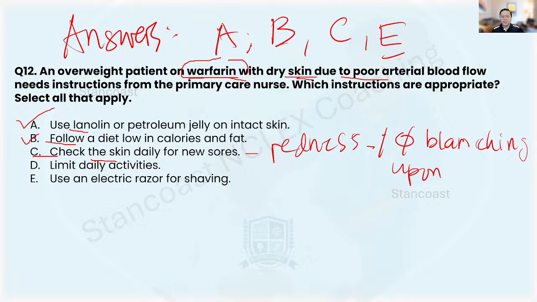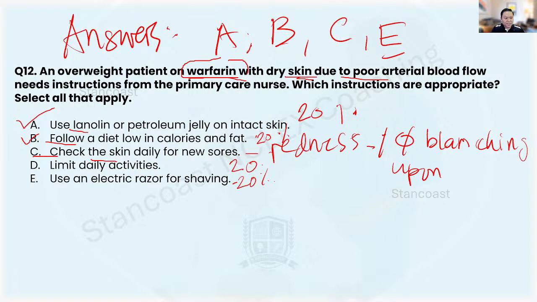So for example, 100 will be divided by the 5 options, right? So this option letter A is going to be scored, that has probably 20% in there. There's also going to be 20% in the B, 20% in letter D, and also 20% for the electric razor for shaving.